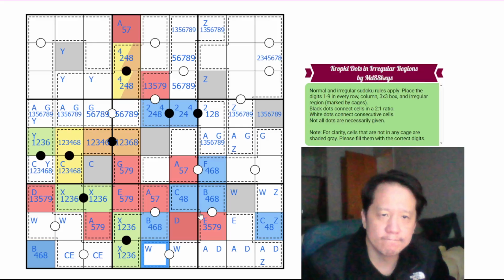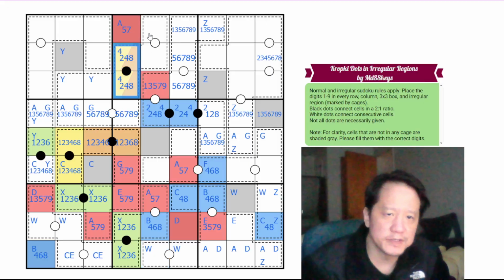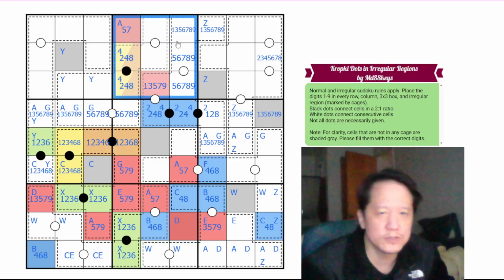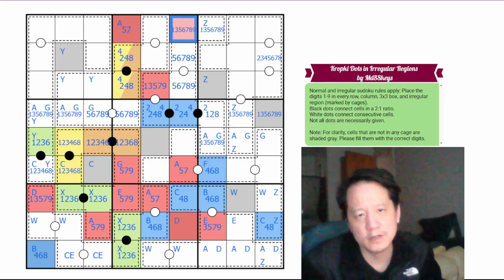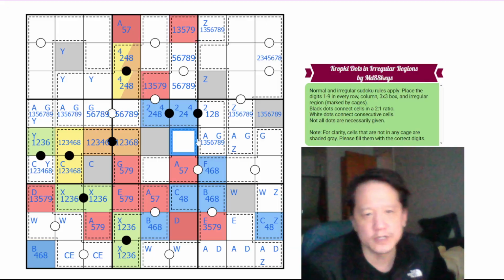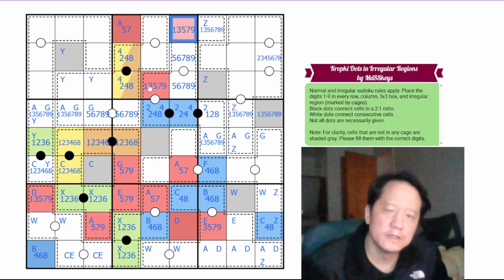This is 2 evens guaranteed. This is then 1 odd and 1 even. 1 odd, 1 even. So that's guaranteed all the evens in box 2, so this must be odd. So this is odd, not 6 or 8. So we have odd here, odd here.